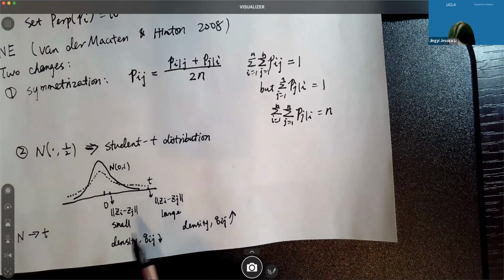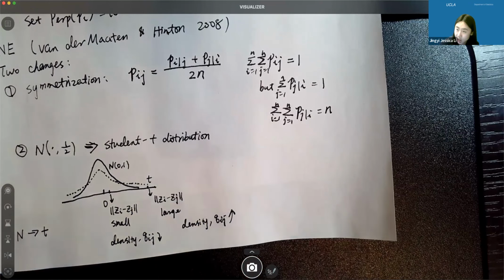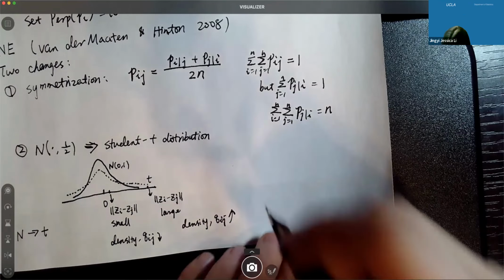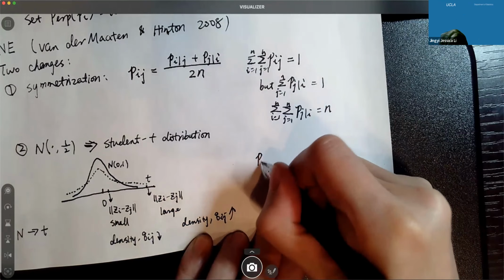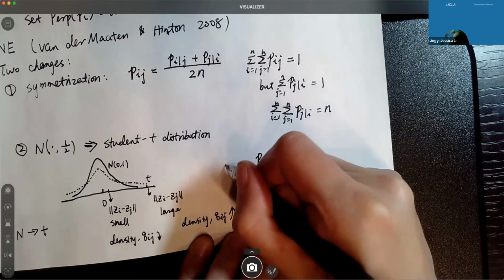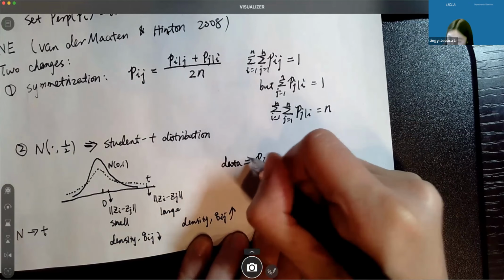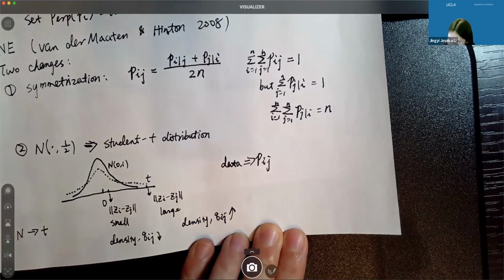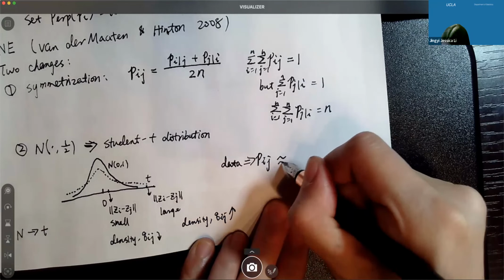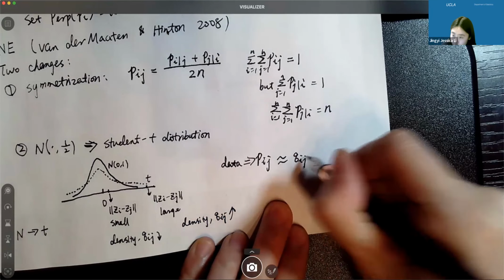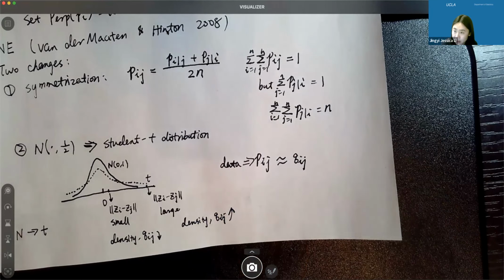But don't forget that the Qij are going to come from Pij. So you will compute the Pij first. Let me give you the logic. Data gives you Pij, and you want to match Pij to Qij as much as possible by your optimization. So Qij should mimic Pij.